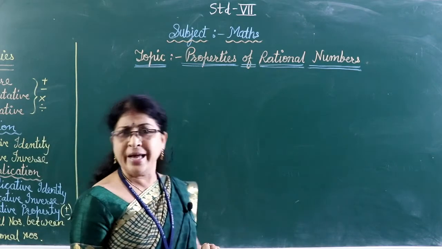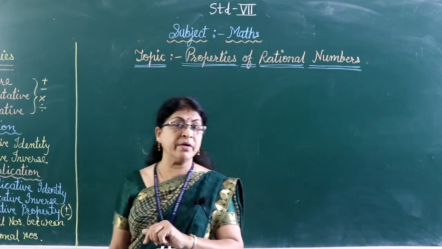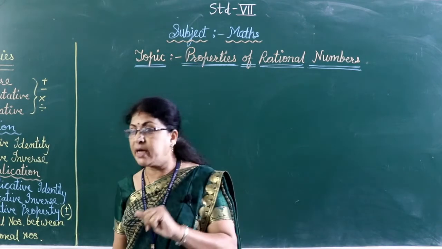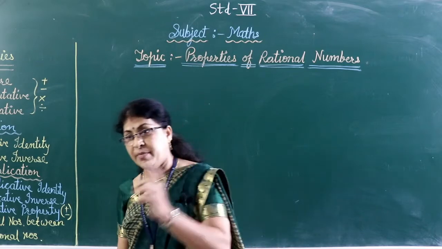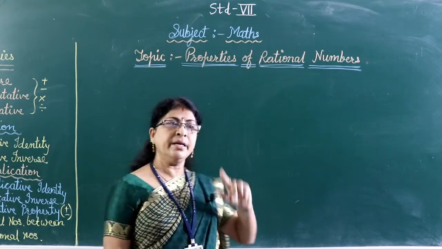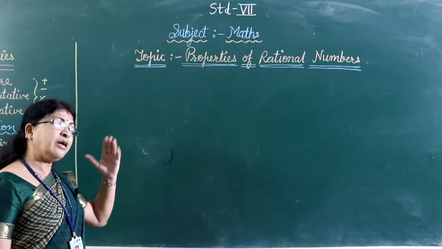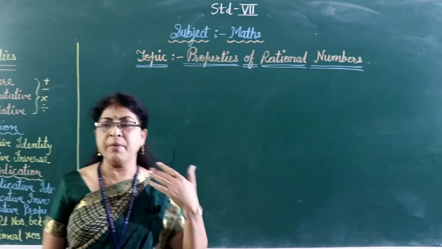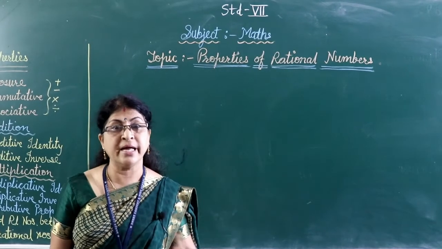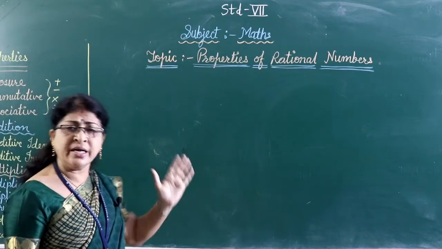Now in science you have learned about different properties of substances. For example, some substances are soft, some are hard. Like that, in maths also our numbers have different properties, right? And those properties we apply while performing different basic operations like addition, subtraction, multiplication and division.